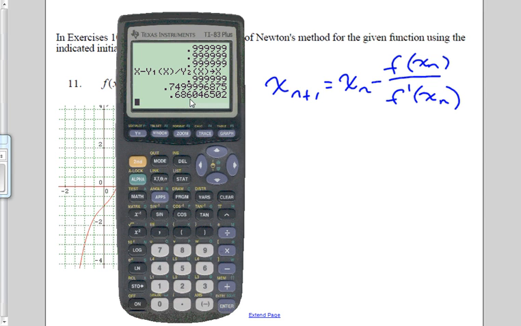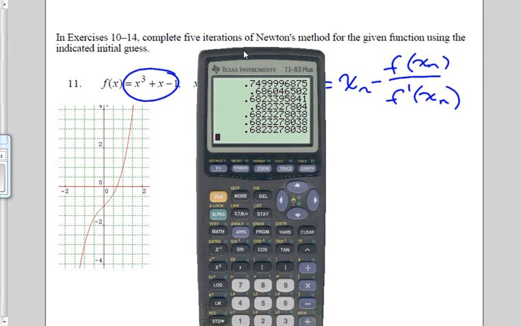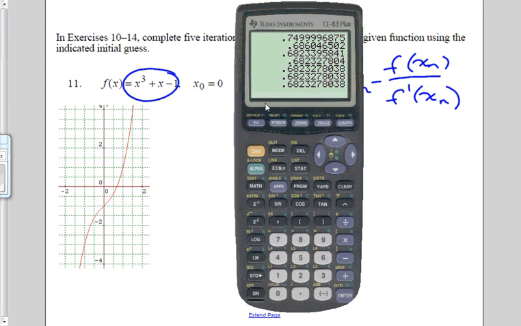Now I plug this x value in again, and as I keep going, I'm getting towards pretty much an exact answer. I've now done 8 iterations, and I'm getting down to a pretty exact number. I'm pretty confident that this is my 0, and let's just see.